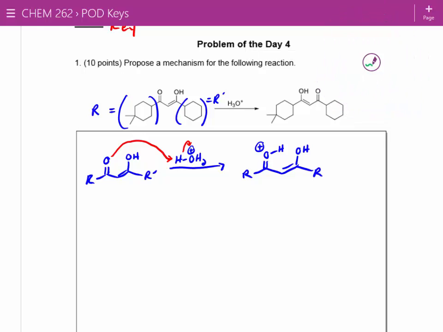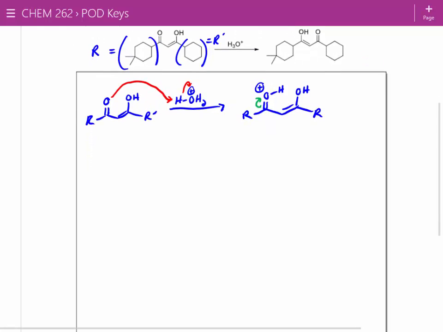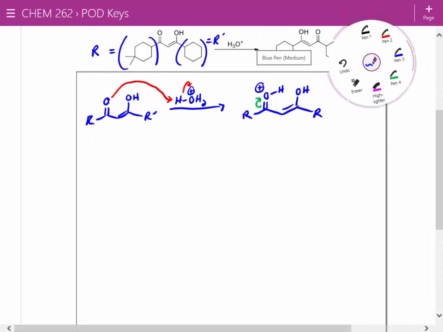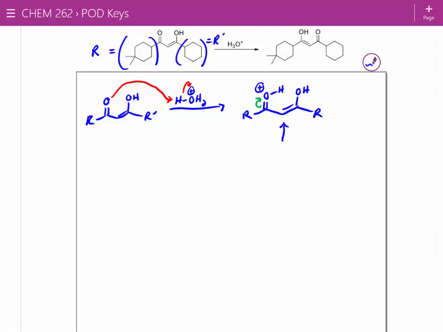Resonance, right? So we can push this pi bond up to the oxygen. And if we do that, we can delocalize that positive charge down to the carbon. OH and R prime. Positive charge is now on the carbon.